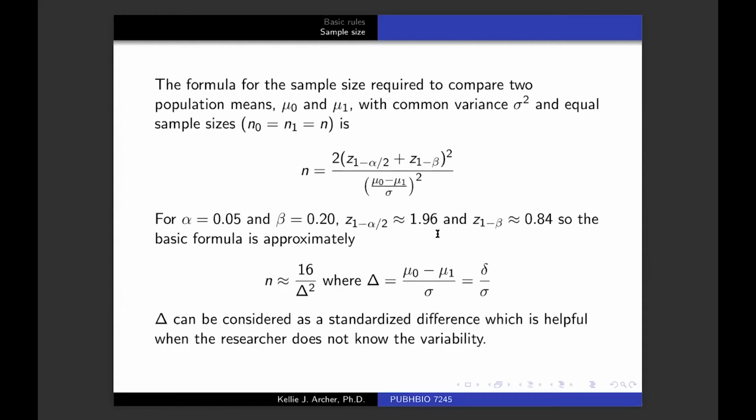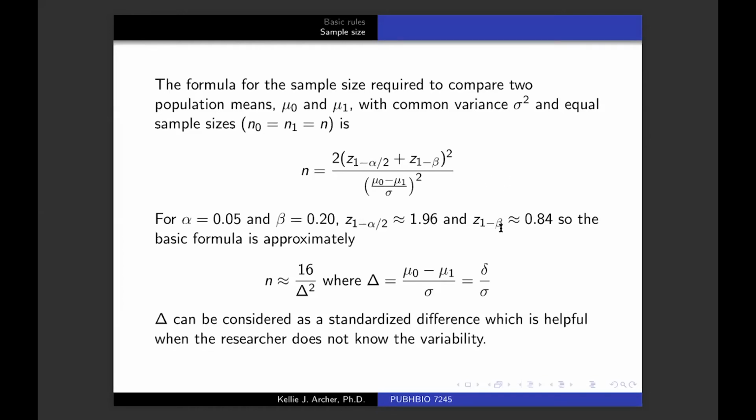Using the traditional alpha equals 0.05 and beta equals 0.2 values, and using the Gaussian distribution as our reference distribution, yields a z of 1.96 and also a z for power of 0.84. We can estimate the required sample size using this formula that's provided.